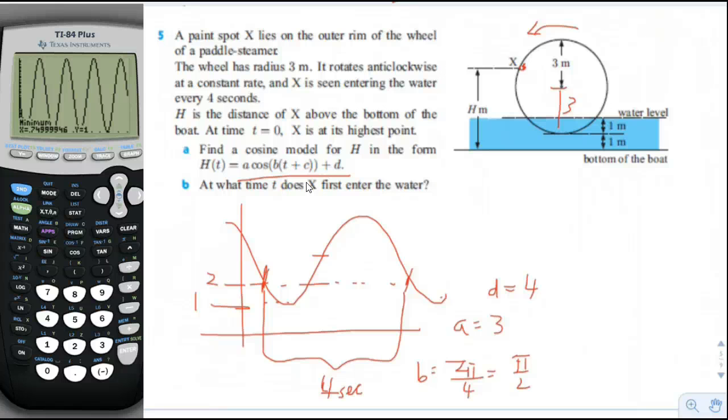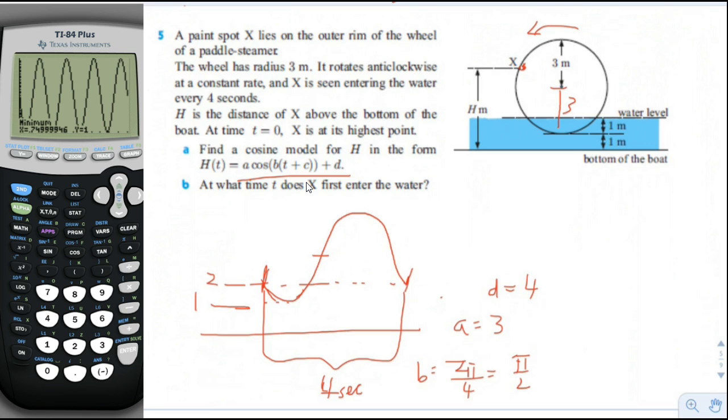the cosine is not shifted at all because I'm going to try to redraw this. Okay, so let's say the paint spot enters here, and then it goes up, and then it comes down again, and then it enters here again, right?